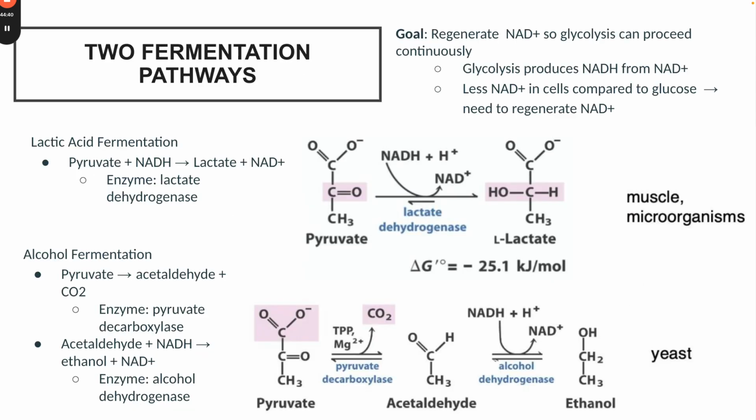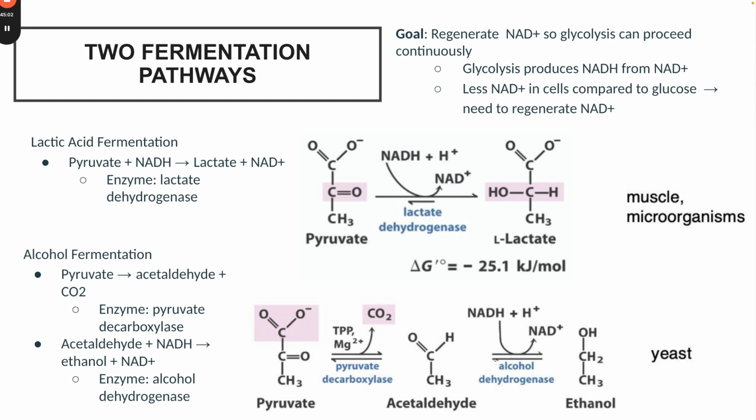I'll clear everything up. Okay, so to wrap things up pretty quickly, we have 2 fermentation pathways. The goal is to regenerate NAD+, because we need NAD+ in glycolysis to make NADH and to make glycolysis proceed. If we have no reformation of NAD+, glycolysis will stop.